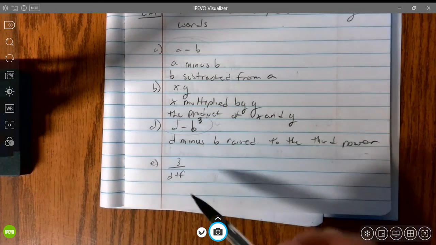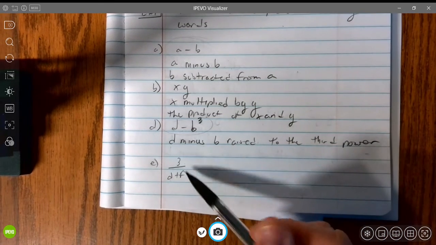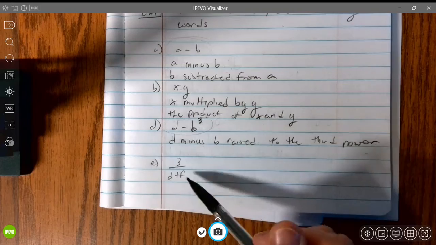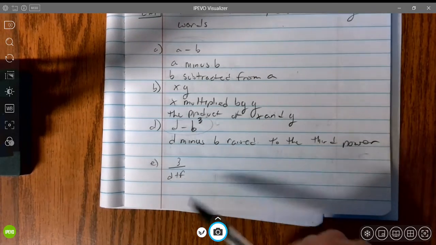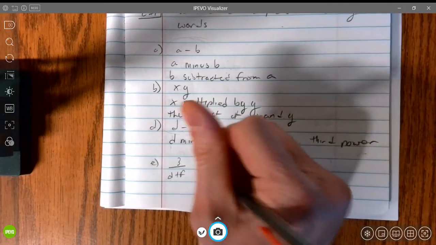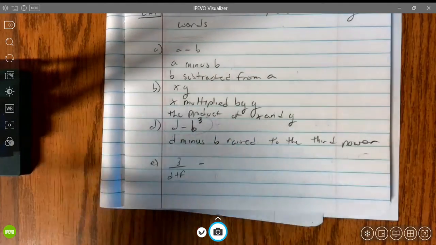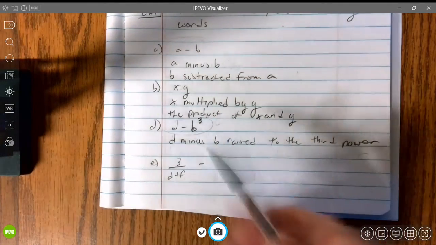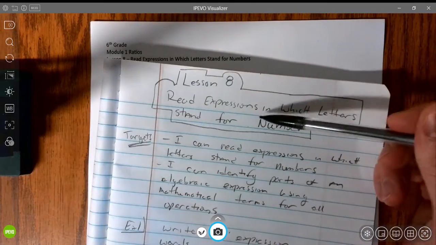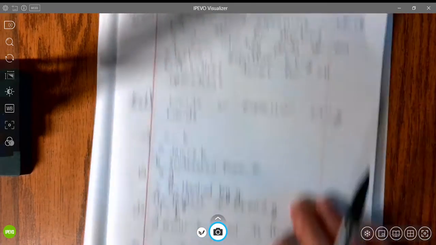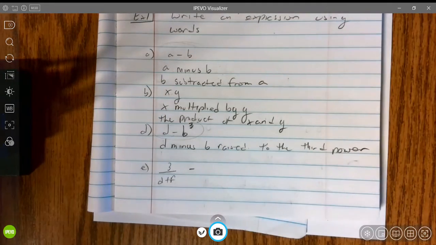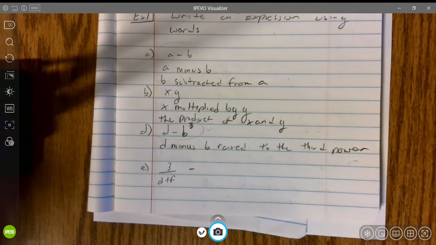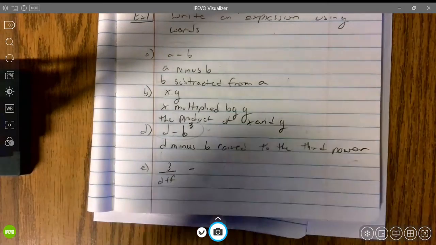Lastly, I have 3 divided by D plus F. You could write it exactly how you just said it. If you just read the expression out loud, because that's what we're doing today, we're reading the expressions, and write down what you read aloud, you'll get the correct answer.